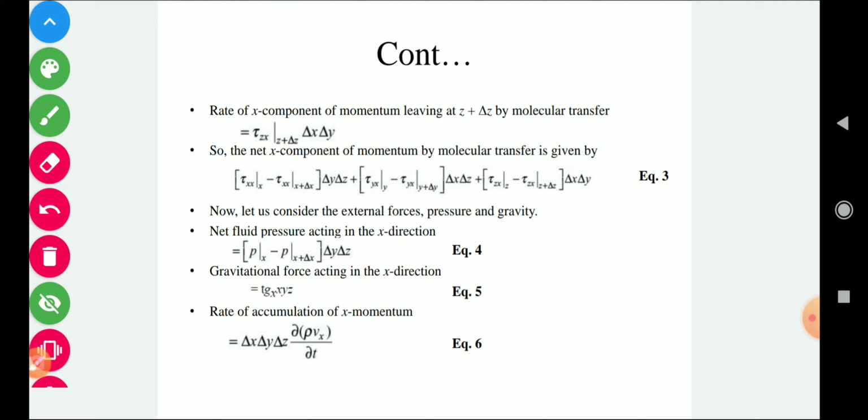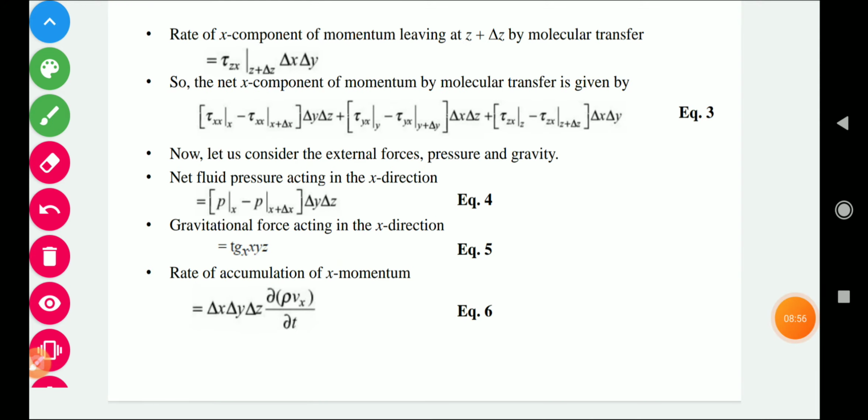Now let us consider the external forces, pressure and gravity. The net fluid pressure will be equal to the pressure at the entrance minus the pressure at the exit, multiplied by its area, so delta y delta z. Now the gravitational force acting in the x direction will be equal to rho g x delta x delta y delta z.